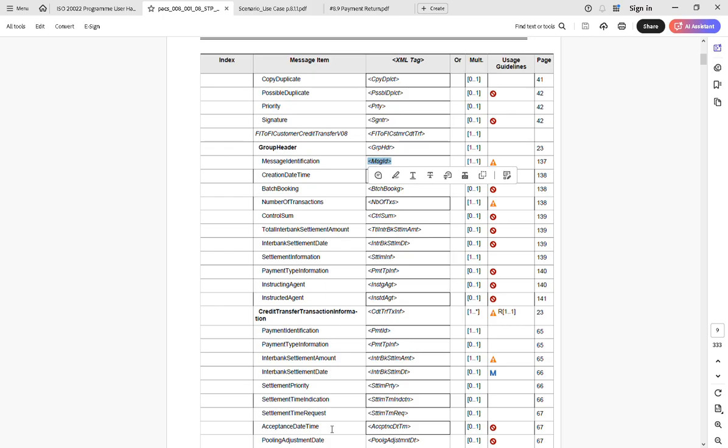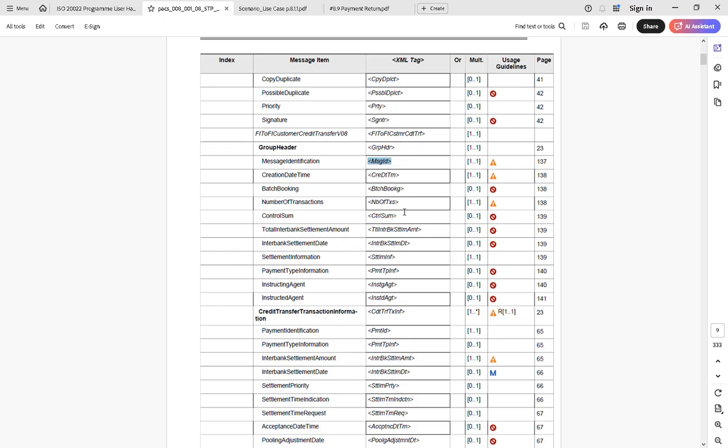These notes will help you when you are learning day 15, mapping MT to MX. In a similar fashion, Ankit, you can map the other areas.